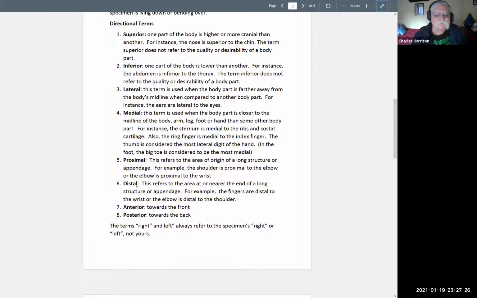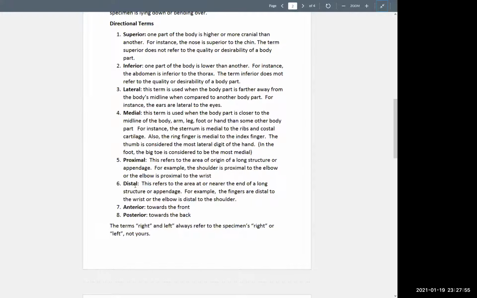Proximal and distal. Okay, think of your arm or look at your arm. The shoulder is the part that's most attached to the body, and then the rest of the arm is less attached, farther away. The shoulder is proximal to the elbow. The shoulder is proximal to the wrist.